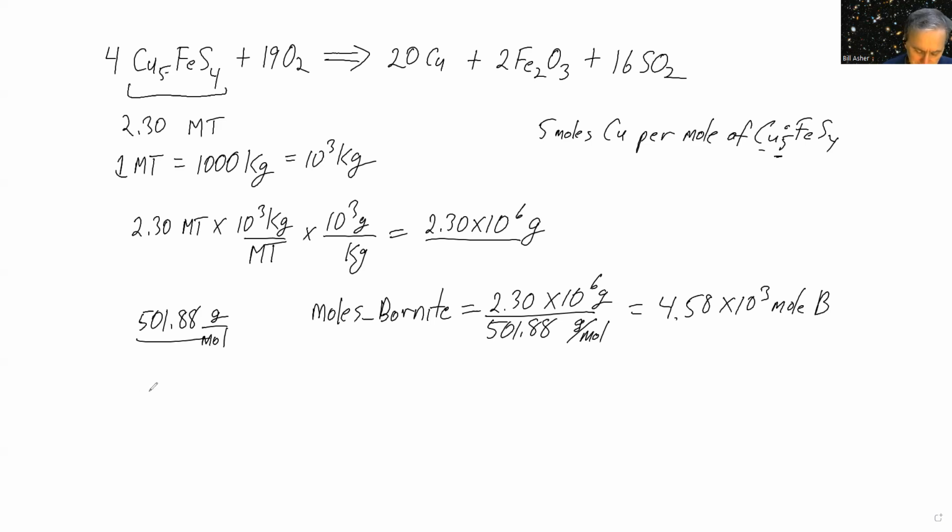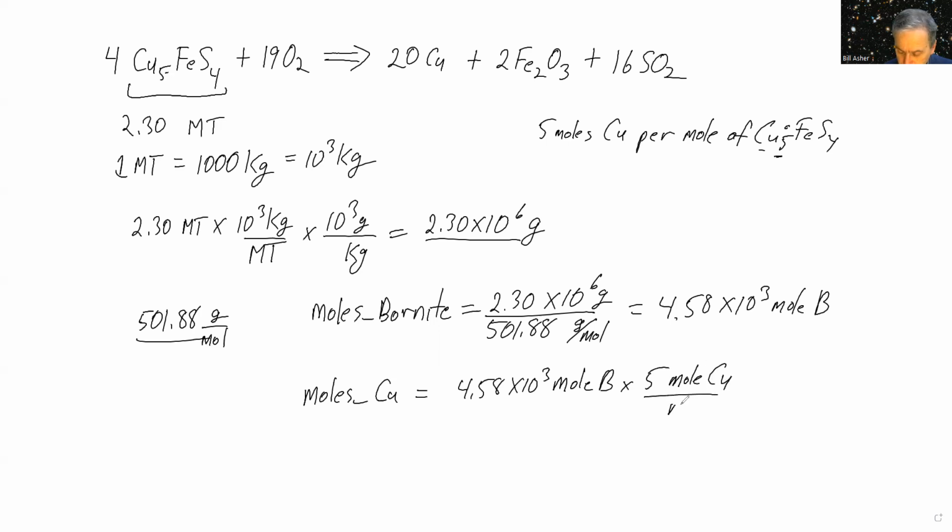So that means that moles of copper is going to equal 4.58 times 10 to the third moles of B times 5 moles of copper per mole of B. And that comes out to be 2.29 times 10 to the fourth moles of copper.